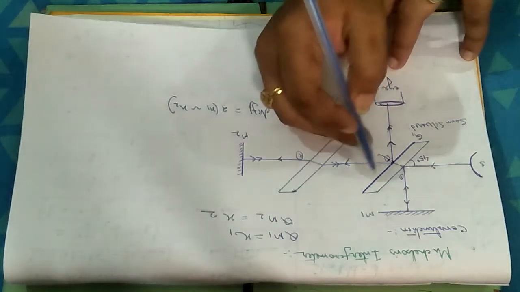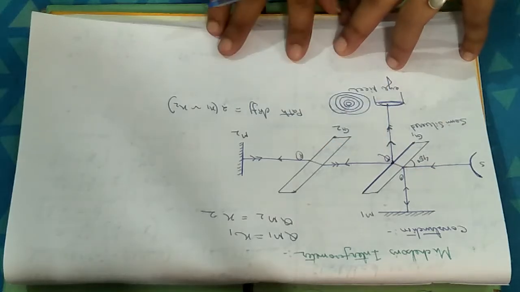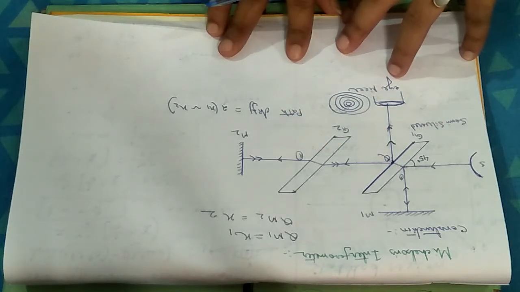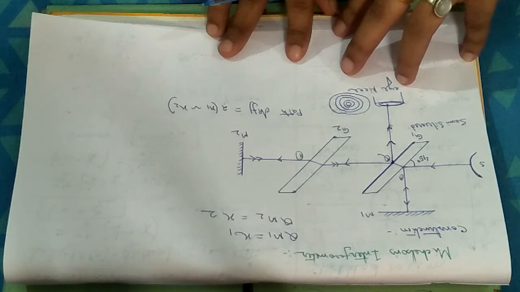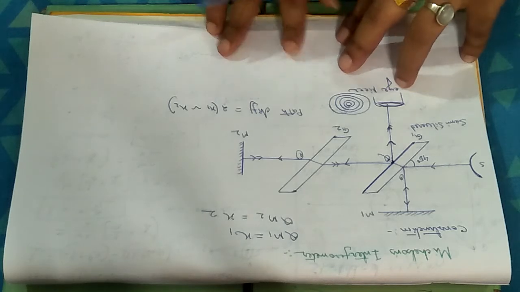But if the glass plate is not very thinly silvered, if the silvering is wide enough, then for reflection an additional path difference of lambda by 2, or an additional phase difference of pi, will be introduced because of Stokes law.